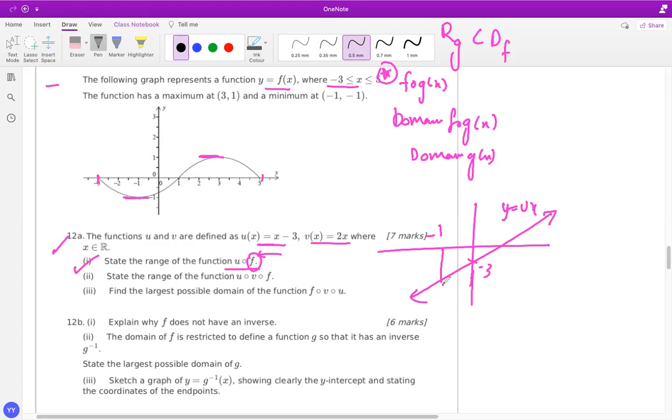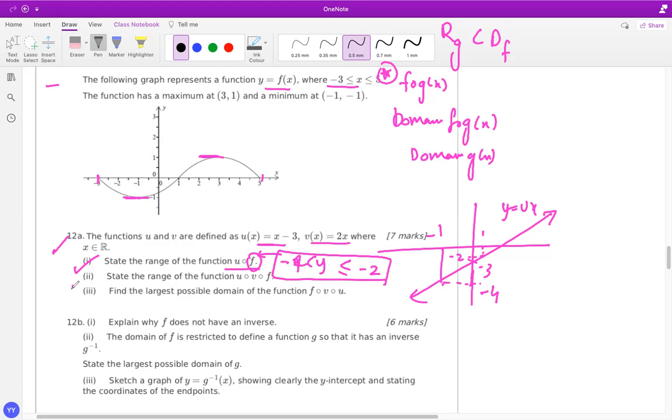If I take x as -1, the y value is going to be -4. If I take x as +1, the y value is going to be -2. So in this case, the range of u of f is y between -4 to -2. So that's the range of the first part.